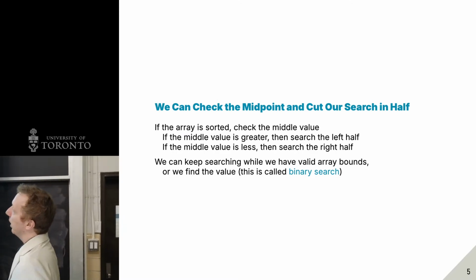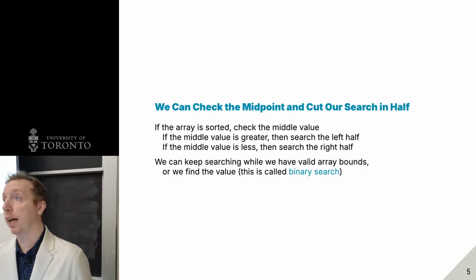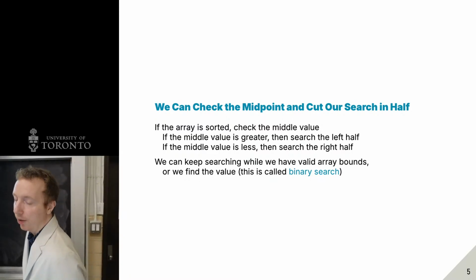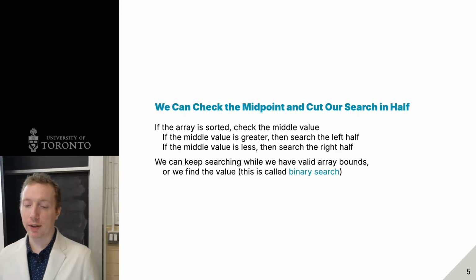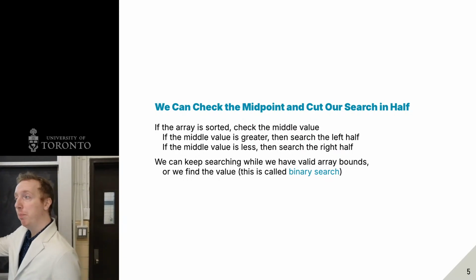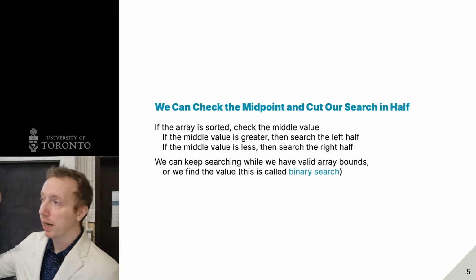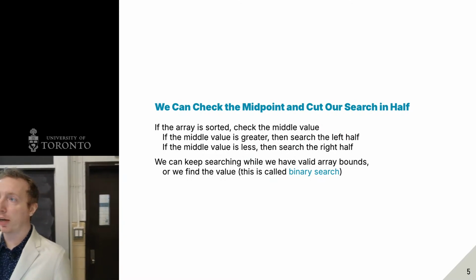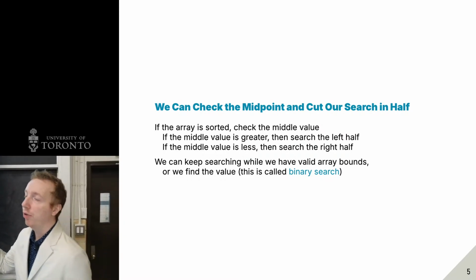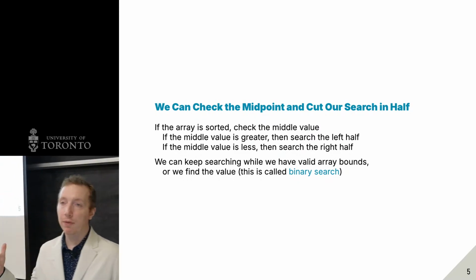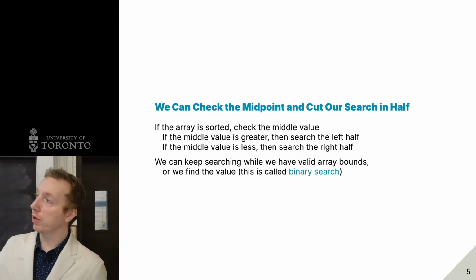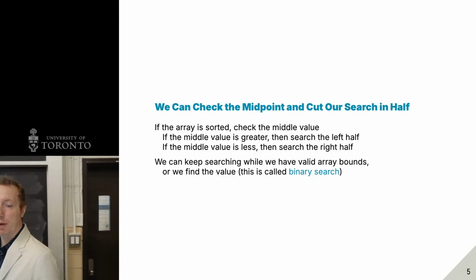If we are searching and the data is sorted, we can make things a whole lot more efficient. We can check the midpoint, the middle of the array, and cut our search in half each time, assuming we have no idea where the value is. If the array is in sorted order and you're looking for a value, just check the middle value.